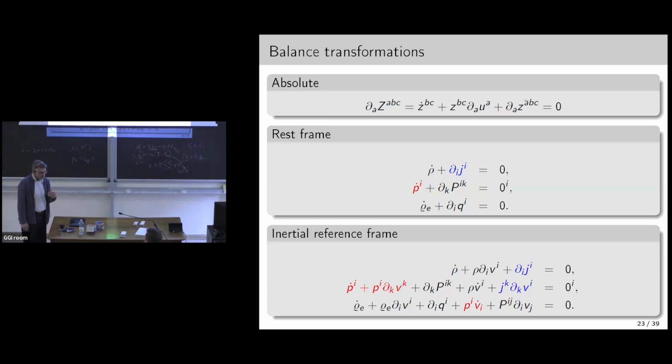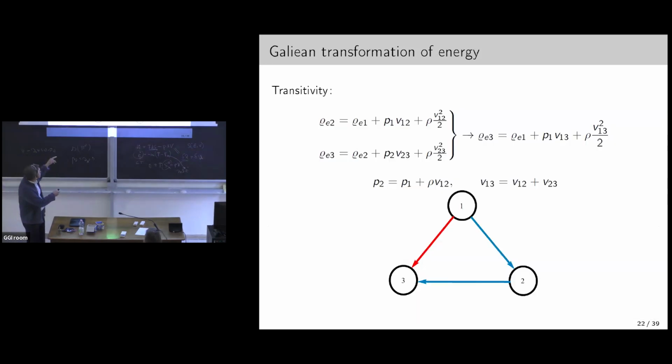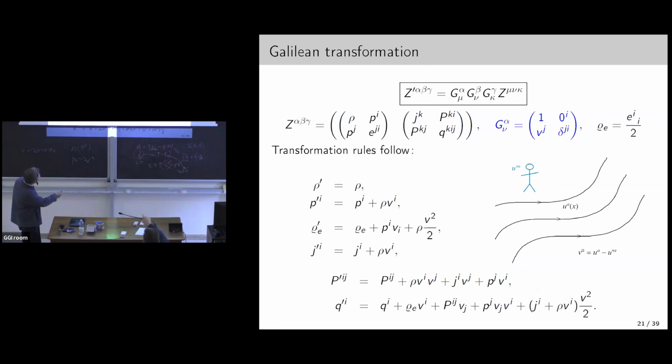Then you also need to consider the covariant form of the equation. So these transformation rules that I mentioned here are used extensively in the proof of the nonlinear symmetric hyperbolicity of the non-relativistic kinetic theory moments. This is the so-called rational extended thermodynamics.